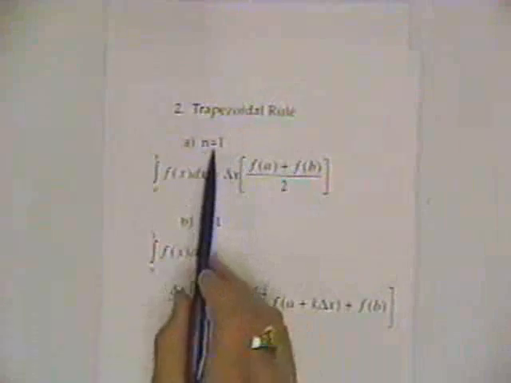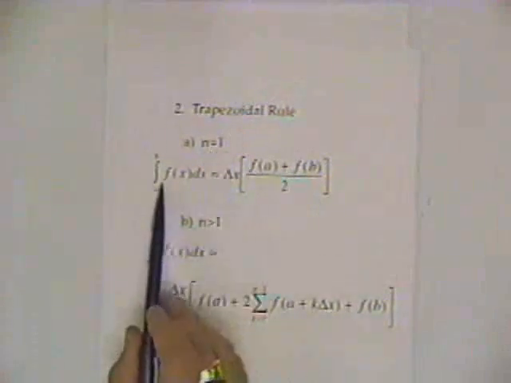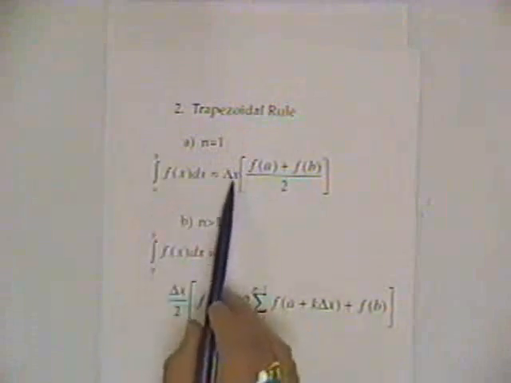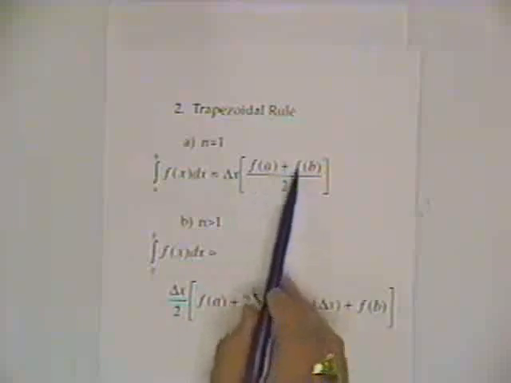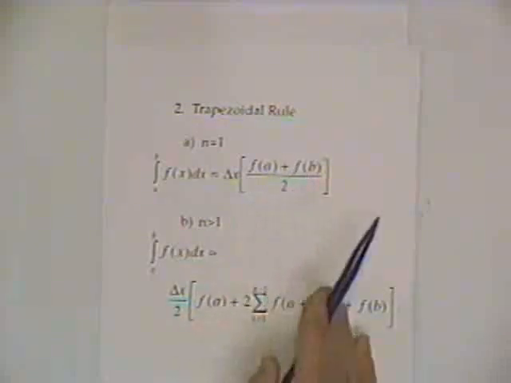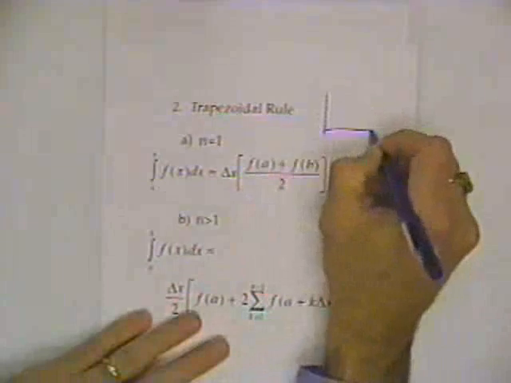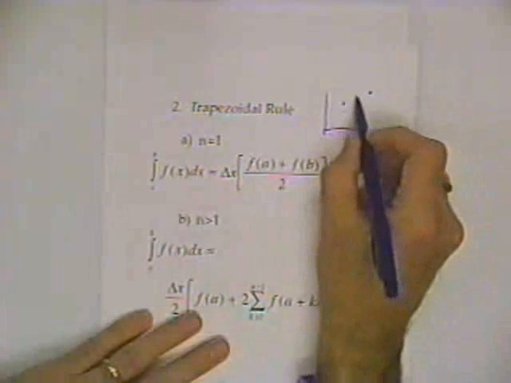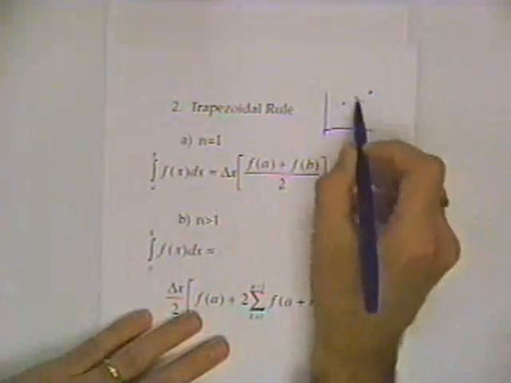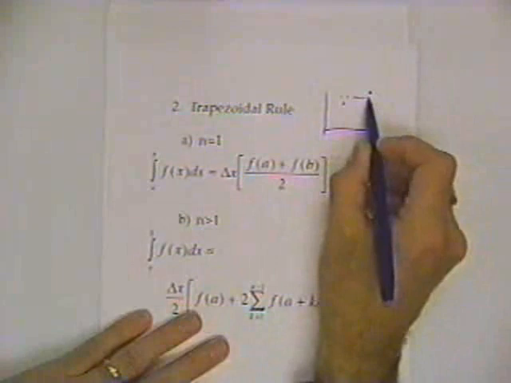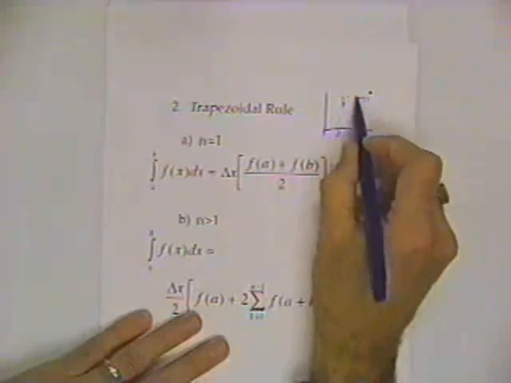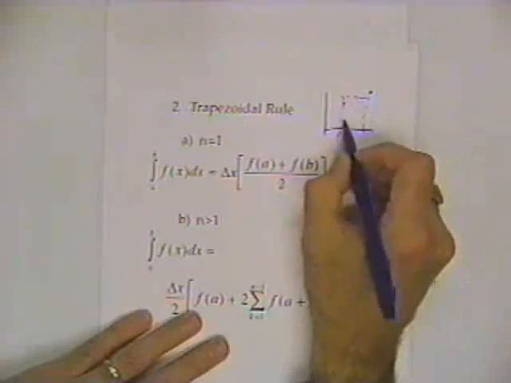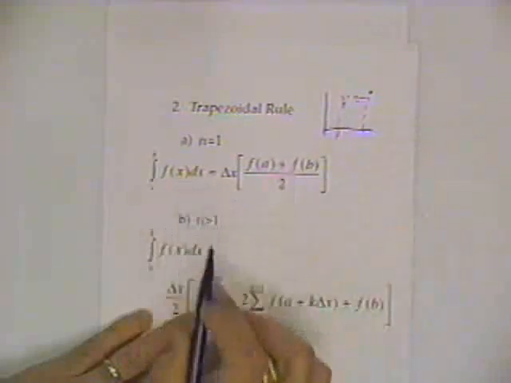The trapezoidal rule is presented first for n equal 1, for one segment, so that the value of the integral is equal to delta x times the average, in effect, of the function over that interval.